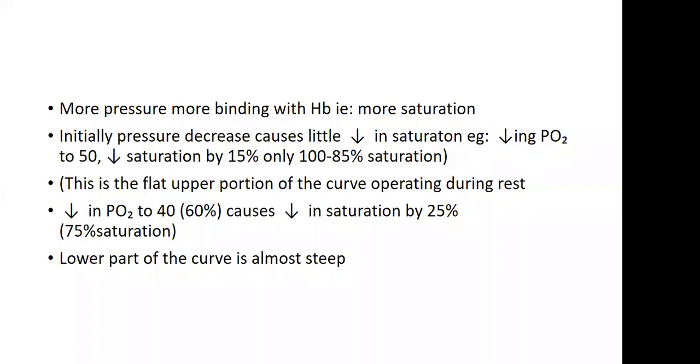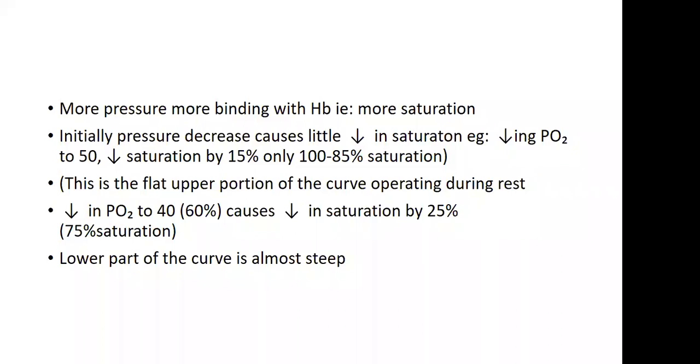But in exercise, when the metabolism of the tissues increases, when the tissues produce more temperature, when the tissues produce more carbon dioxide, all these things cause steep downward fall in the saturation.